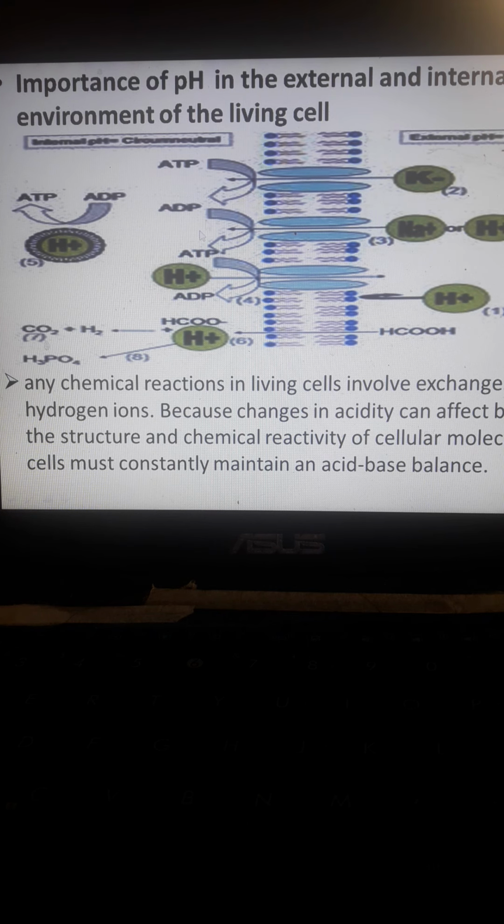In this case, take for example a carboxylic acid, which permeates or diffuses freely, enters the cytoplasm, and is converted to water and carbon dioxide or to phosphoric acid.